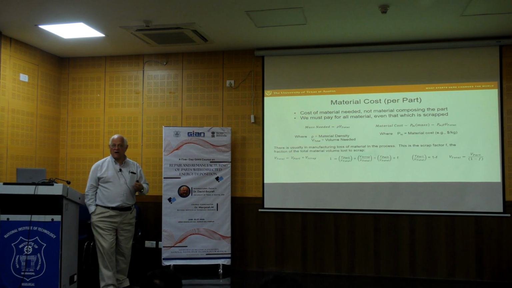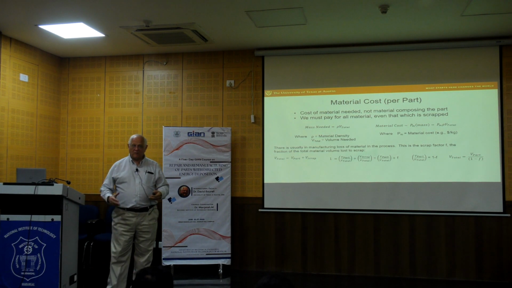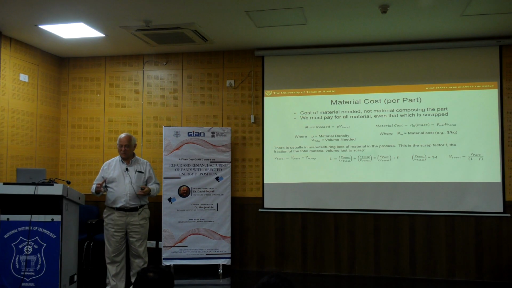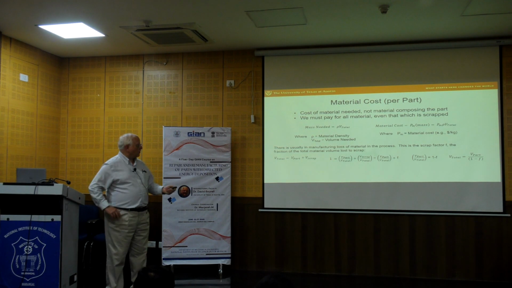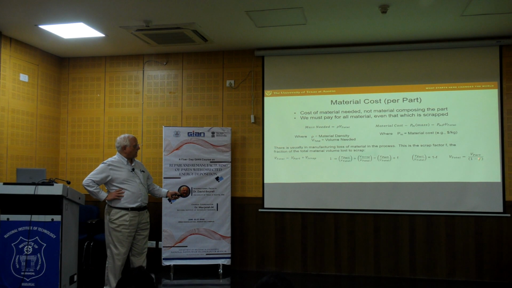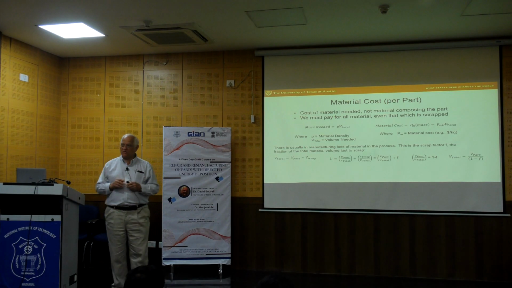And if we solve this out, eventually I can write my total volume, which I need to know, in terms of the volume of the part I'm making, which I can also figure out because I've designed the part. So if I know the scrap factor, I can use this equation to take what I can calculate, the part volume, and convert it into the total volume that I need to actually calculate the feedstock cost.